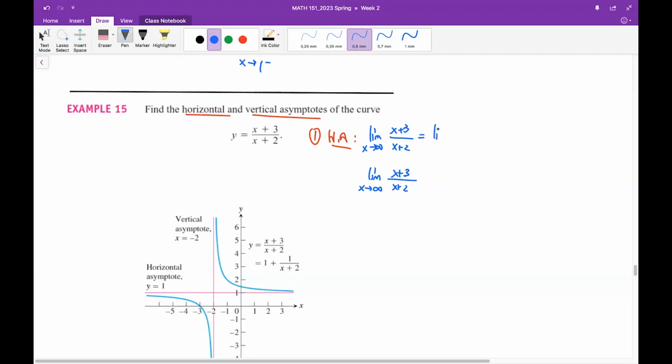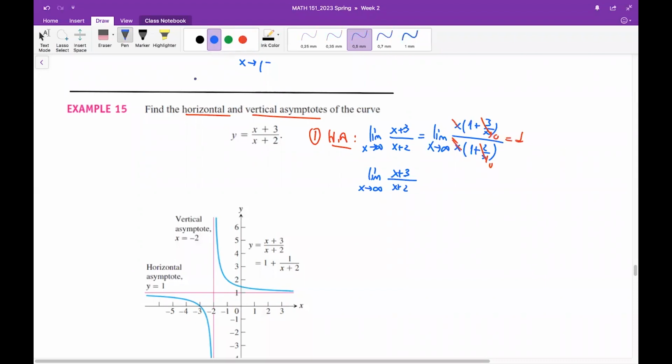Normally, the degrees are equal, so the limit is quickly the ratio of the coefficients, which is 1 in this case, but let me show you how you do that by computing without using any shortcuts like that. So this is 0, this is 0, these are simplified, and the result is 1.